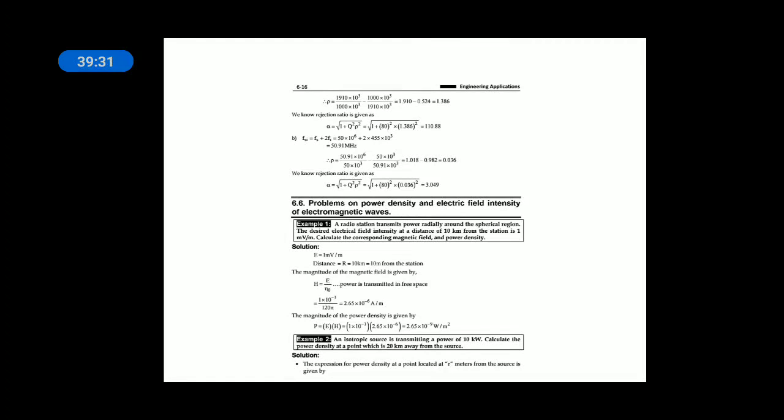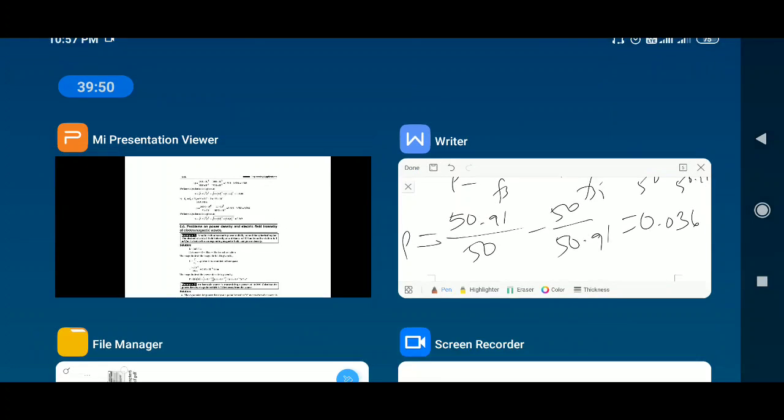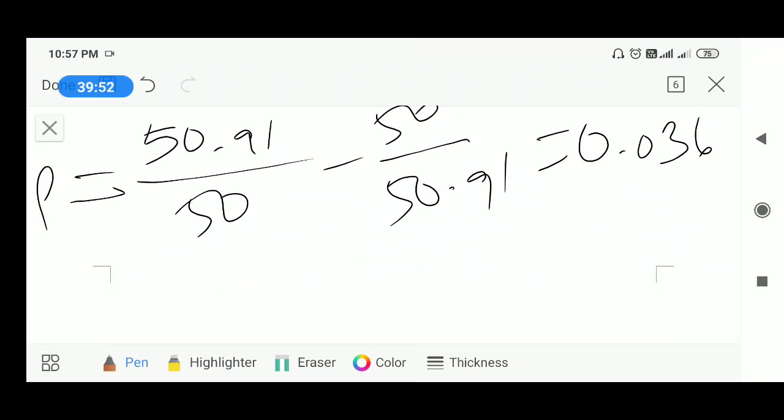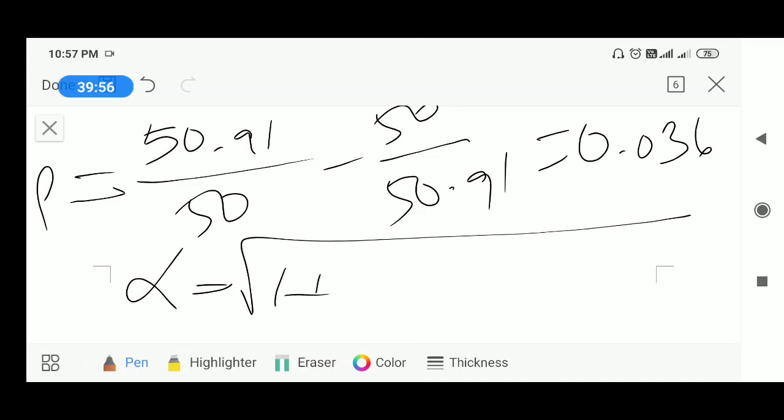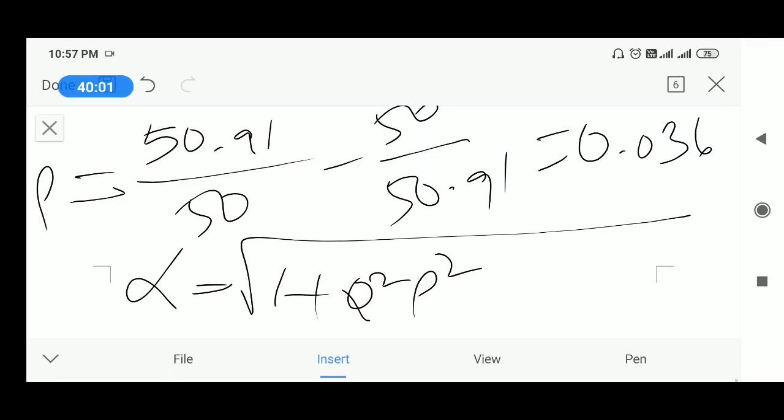The image frequency rejection ratio is given by alpha equal to the square root of 1 plus Q square into rho square. Take a new page.